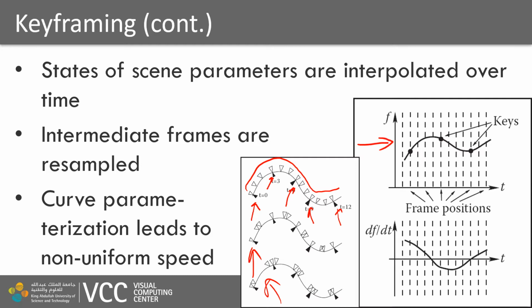in the graph, we can see that there is a certain time evolving and there is a certain function which is changing over time. This function can be, for example, a velocity, or it could be simply the position of an object in the y dimension, let's say.